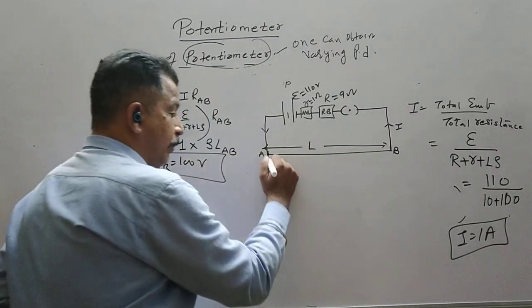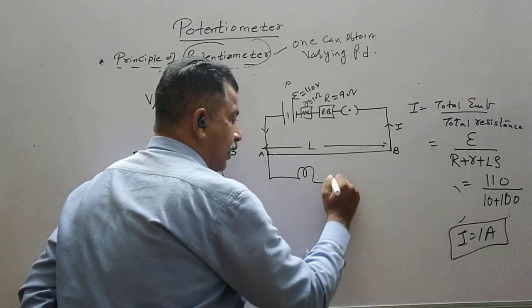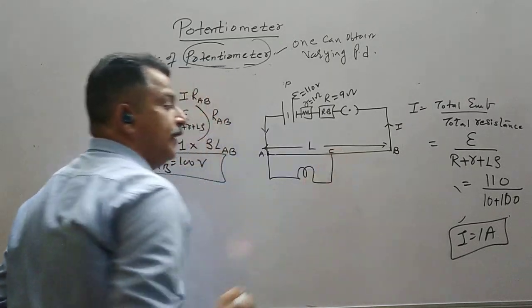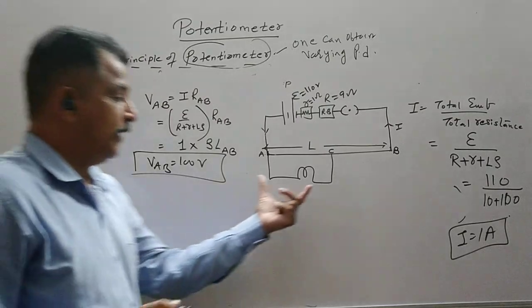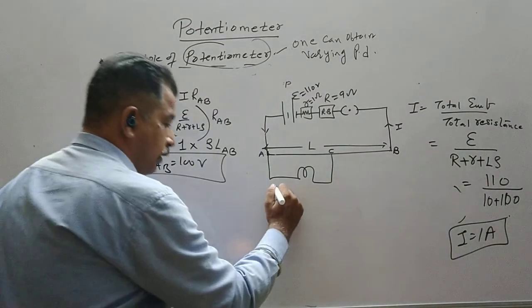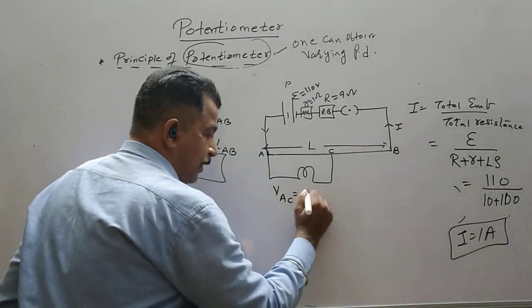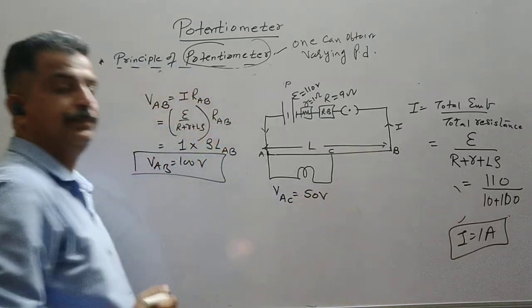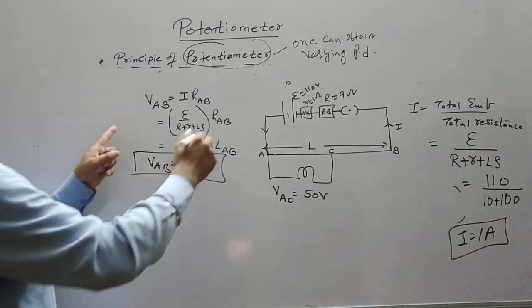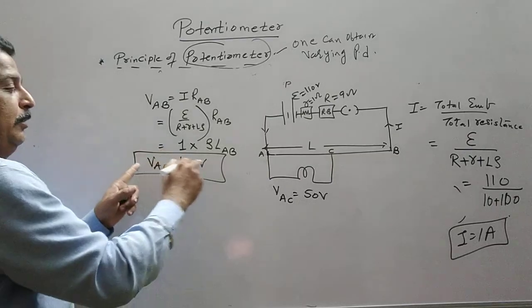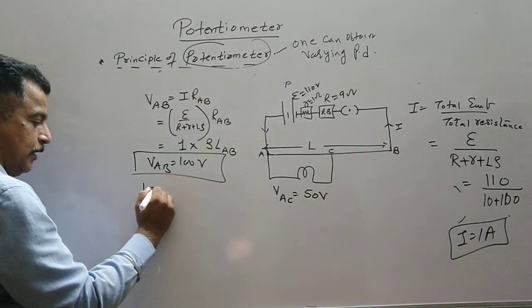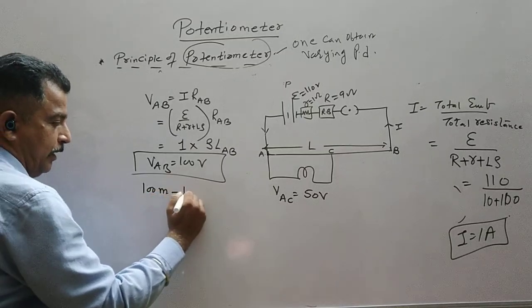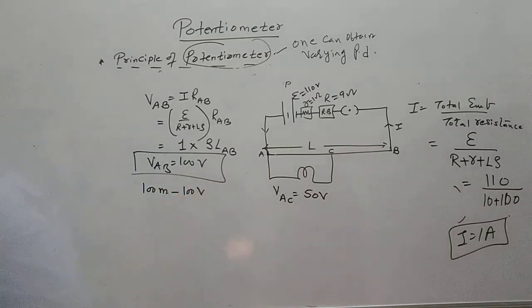Now if I bring a bulb and connect it to a midpoint, say C, what will be the potential difference? So potential difference will be equal to 50 volt, because for the entire wire, easily I can say like this, 100 meter wire has 100 volt of potential difference.